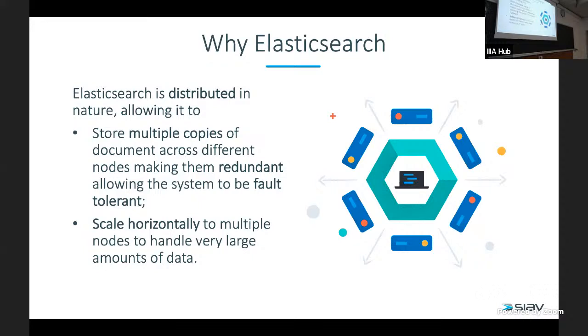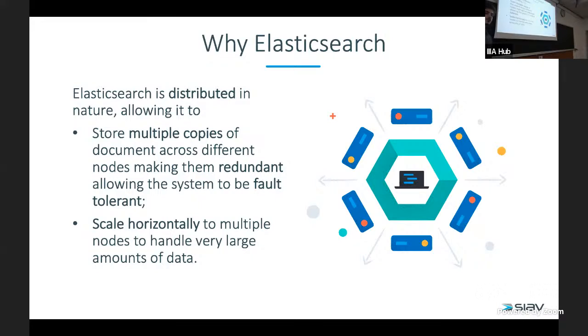The second reason is that with a distributed system, we are allowed to scale horizontally. And this is a strict requirement because when you are dealing with a few 100,000 documents, you don't really need to scale to multiple nodes. But in our instance, for example, we are dealing with about 30 million documents to store and search among. So when you have this amount of data, you will just not be able to have a single big enough computer to store all of the documents and retrieve them in a decent amount of time.